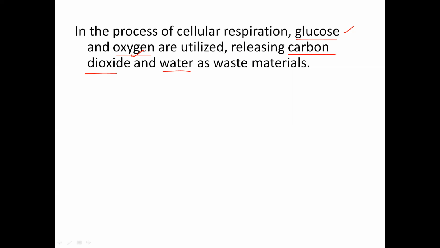But remember, this is just a generalized statement, because actually cellular respiration is a very complex process that involves glycolysis, Krebs cycle, and then there's the link reaction and the electron transport chain. So there are also actually lots of substances involved, but these are the general substances that are utilized in cellular respiration.